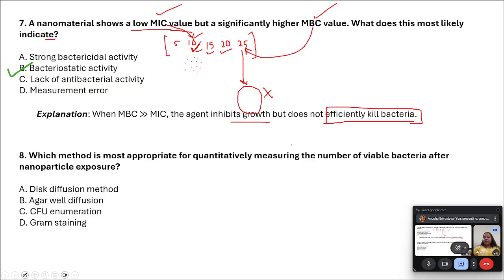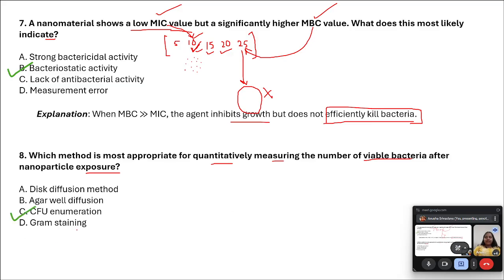Now the next question reads, which method is most appropriate for quantitatively measuring the number of viable bacteria after nanoparticle exposure? When I was discussing this method, I specifically highlighted the correct answer.